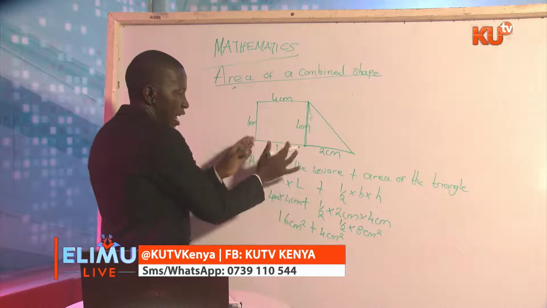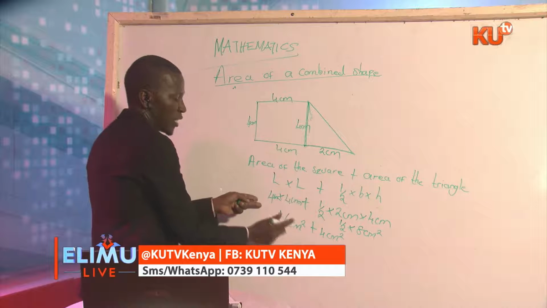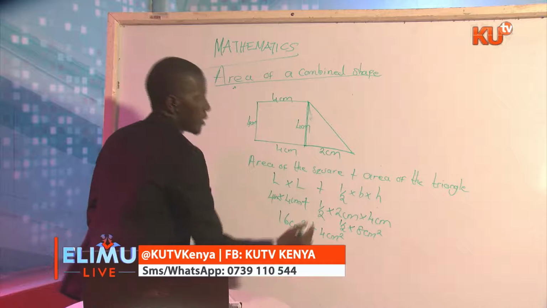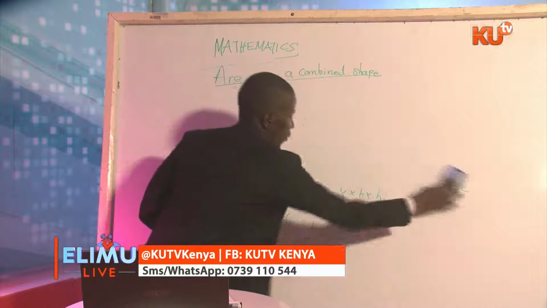So to find the area of this combined shape, I'll add the area of the square, which is 16 centimeters squared. Let me write this one so that we can follow easily.